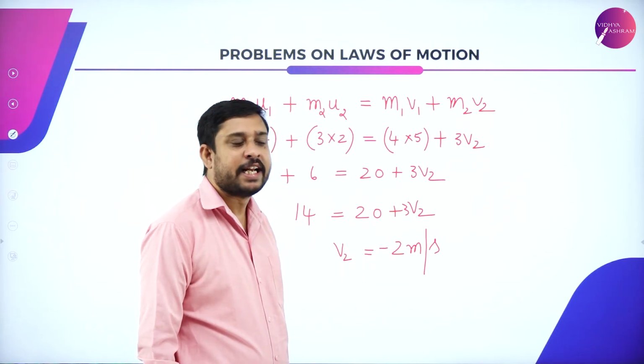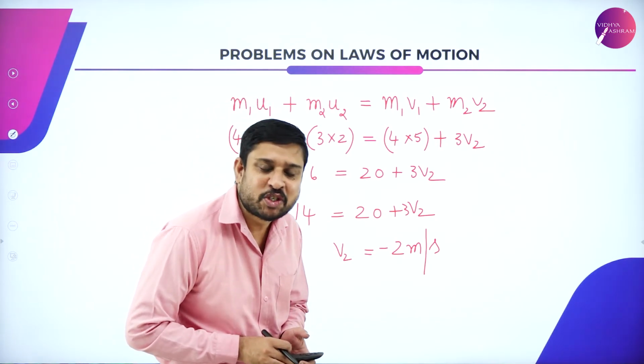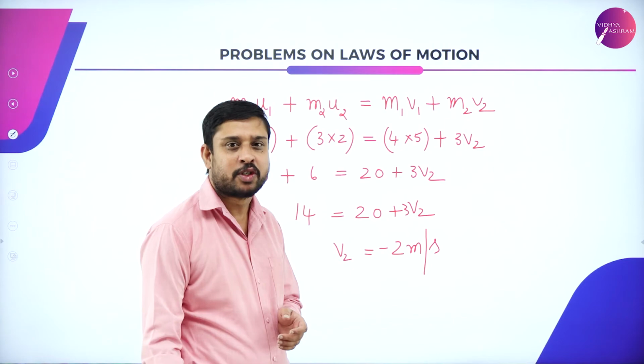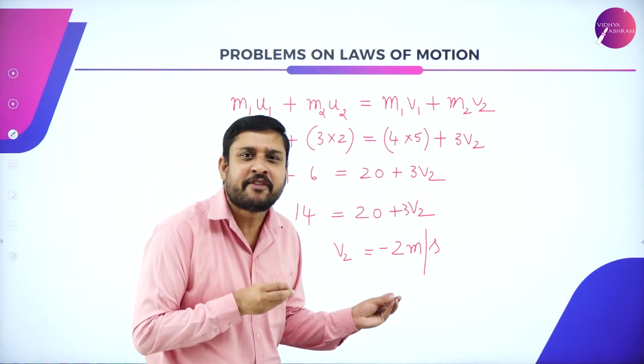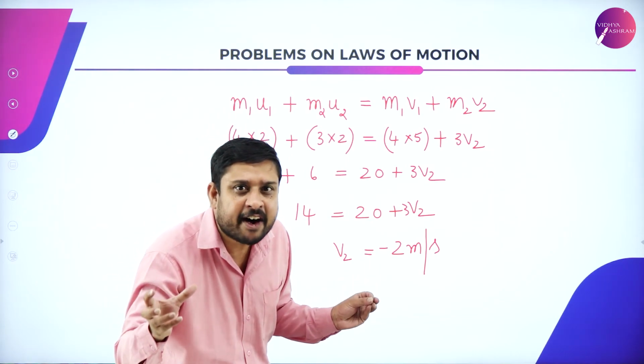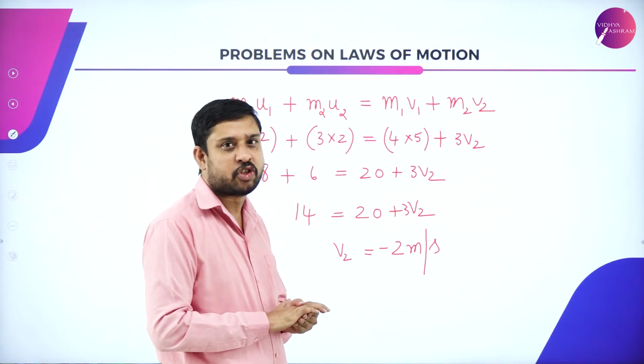What is that negative sign indicating? It moves in a direction opposite to the higher mass. That's all. The smaller fragment and the larger fragment move in opposite directions.